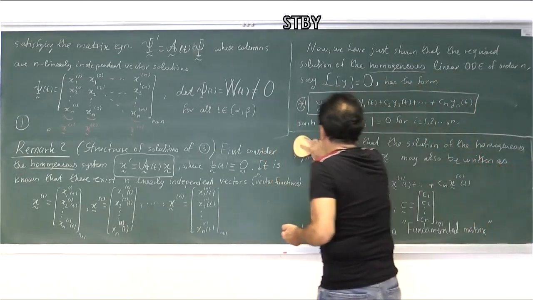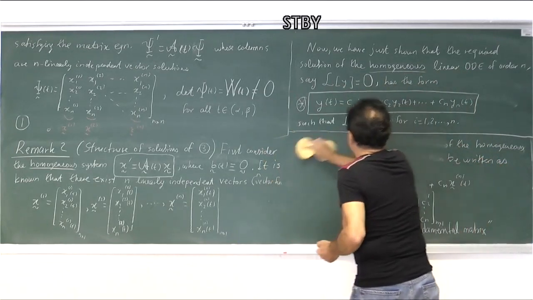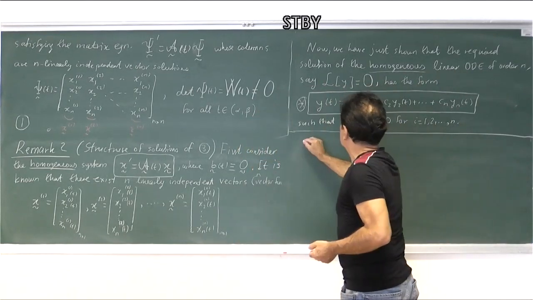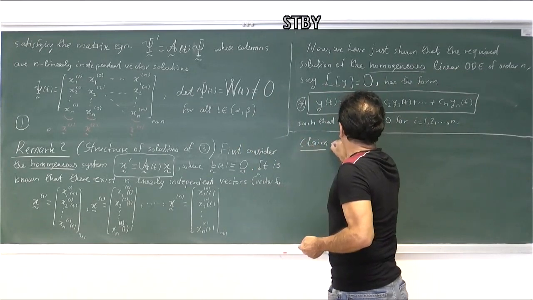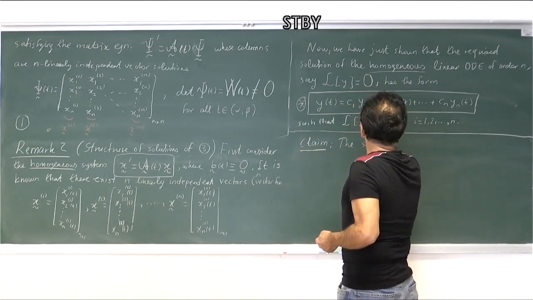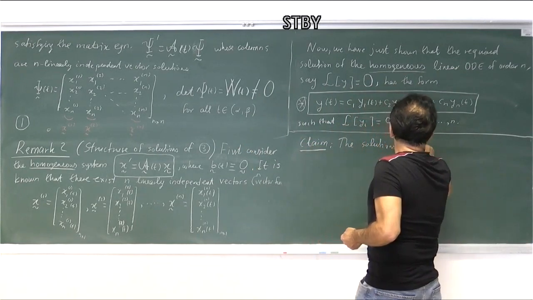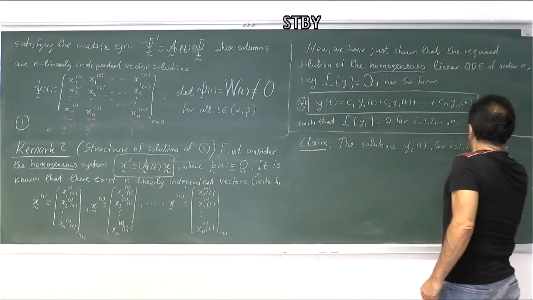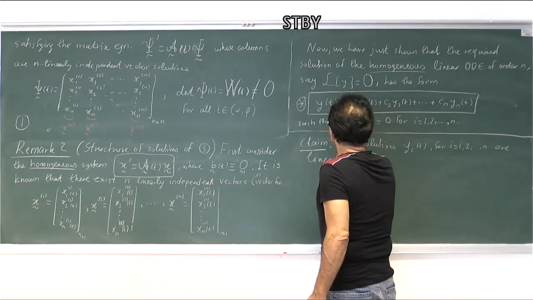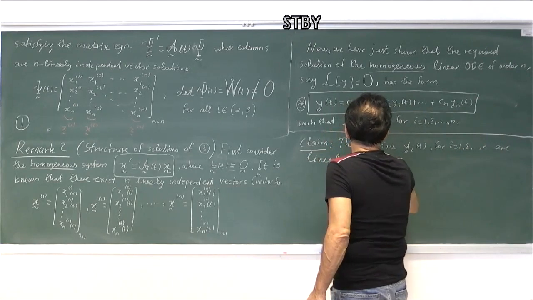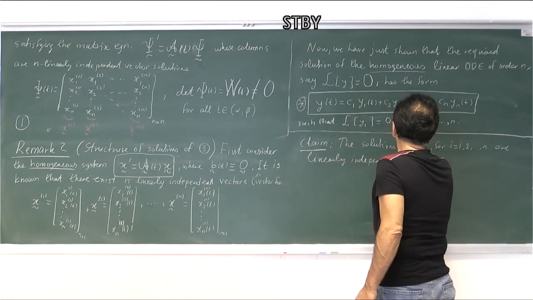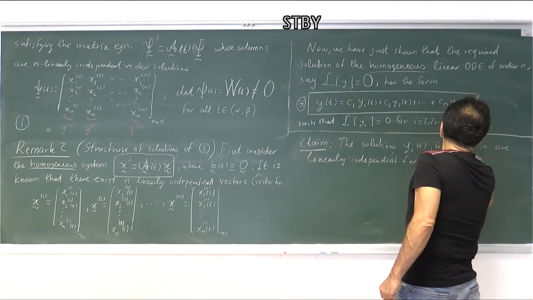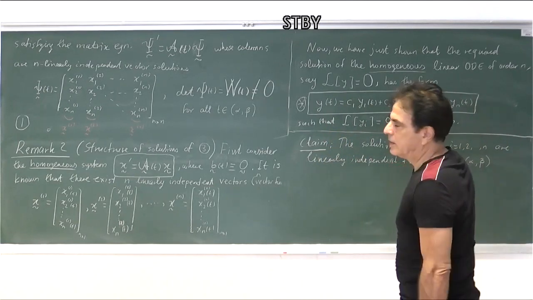Actually, it is possible to show that the solutions yi of t, for i equal 1, 2, up to n, are linearly independent for any t on the alpha beta interval. Indeed.